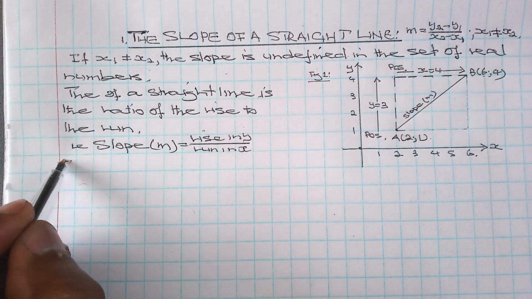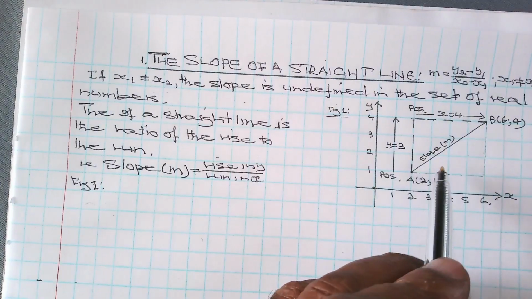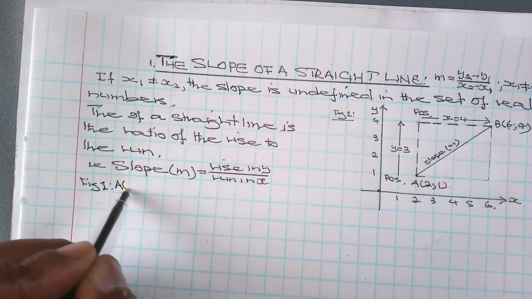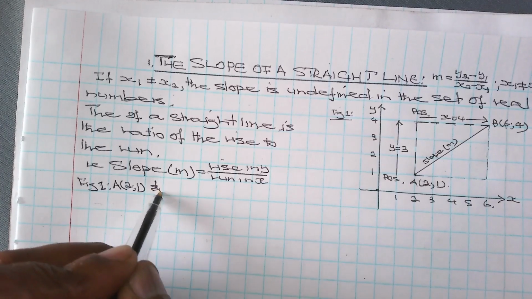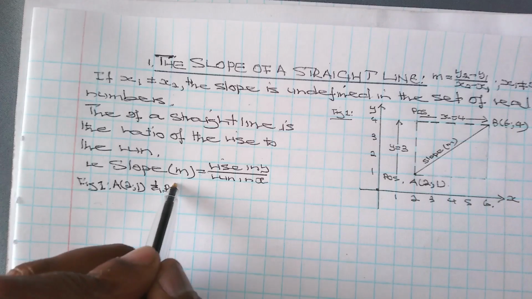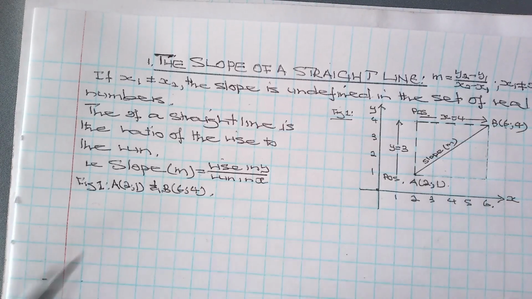Figure 1. From figure 1, here is figure 1. A is the coordinates (2, 1), and B is the coordinates (6, 4).